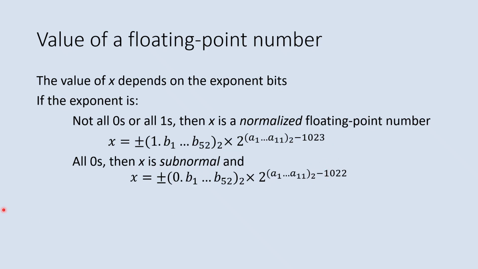If the number A1 to A11 is smaller than 1,023 or 1,022, then the exponent is negative. If it's bigger, then the exponent is positive. So this allows us to get the bigger numbers and the smaller numbers, the ones that are closer to 0. So in these two cases, we have these normalized floating point numbers, and then we have these other floating point numbers that we can also describe.